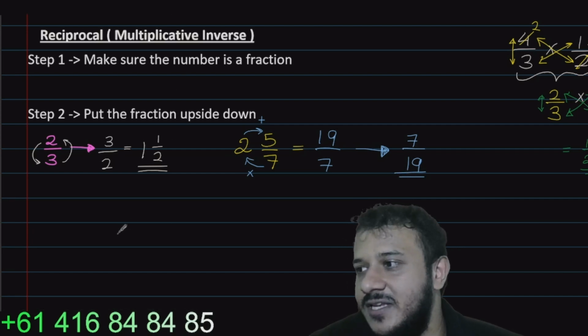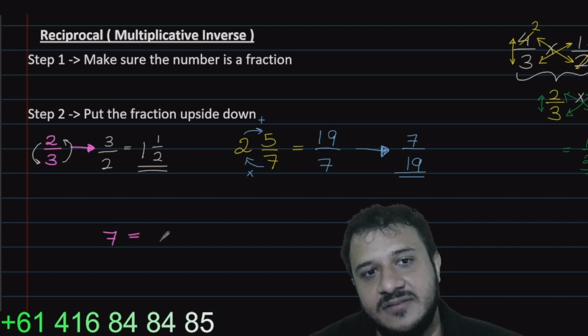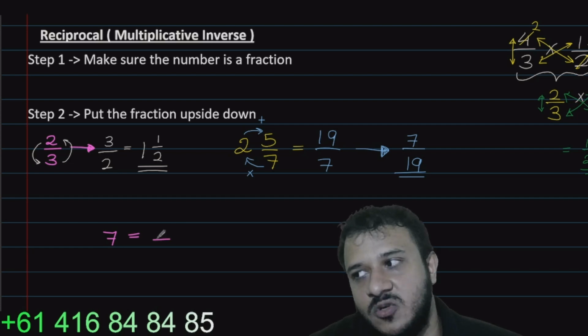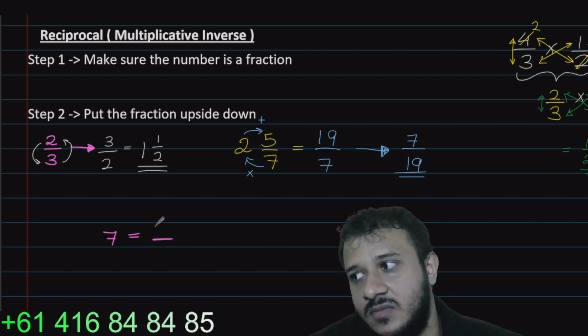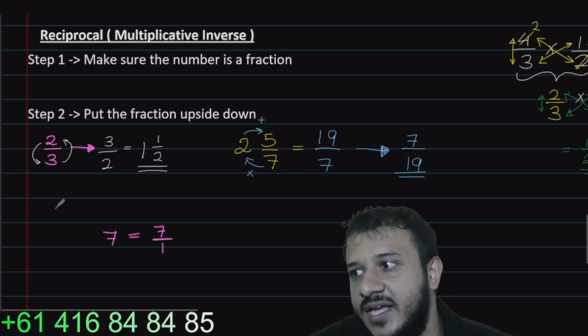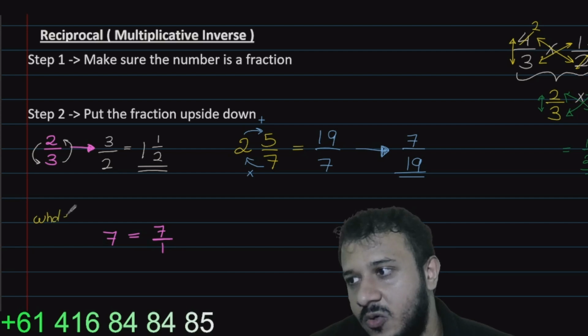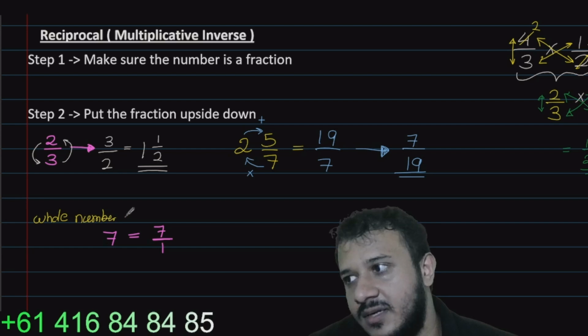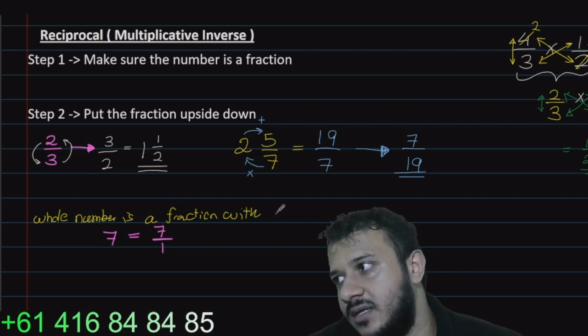Alright, next one. If it is a nice whole number like 7, how can I write 7 as a fraction? 7 means what over what? 7 over 1. Remember, a whole number is a fraction with denominator 1.